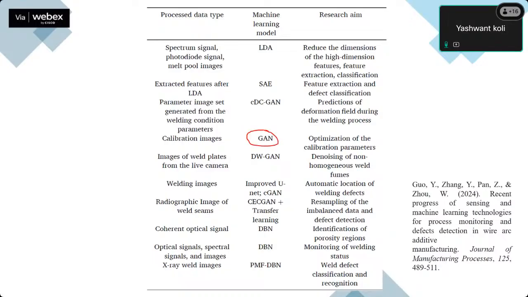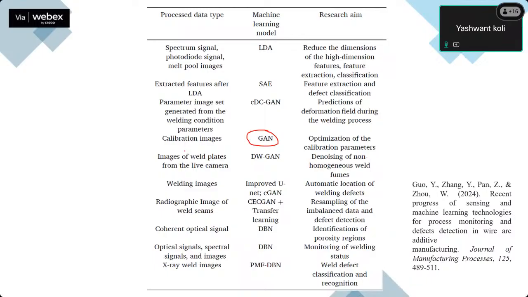GAN is the generative adversarial network, that helps in data augmentation and anomaly detection. So with these deep learning approaches, if we use CNN, RNN, and GAN, then we can directly do the image-based defect detection, and it can be sequenced in the time series, and we can get the data augmentation ready.